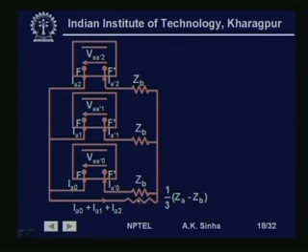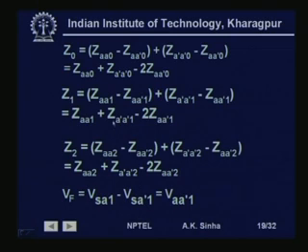So, if we do this circuit reduction, then we have Z 0 equal to Z A 0 minus Z A dash 0 plus this. We have seen Z 1 is equal to this, and Z 2 is equal to this, which is simply adding these. And V F is equal to V S A 1 minus V S A dash 1, which is equal to V A dash 1.